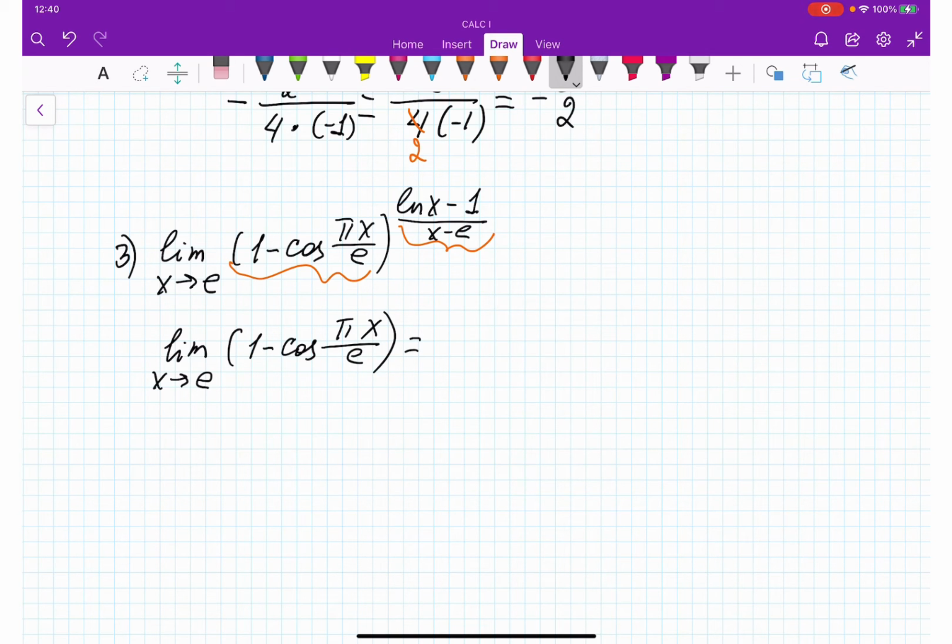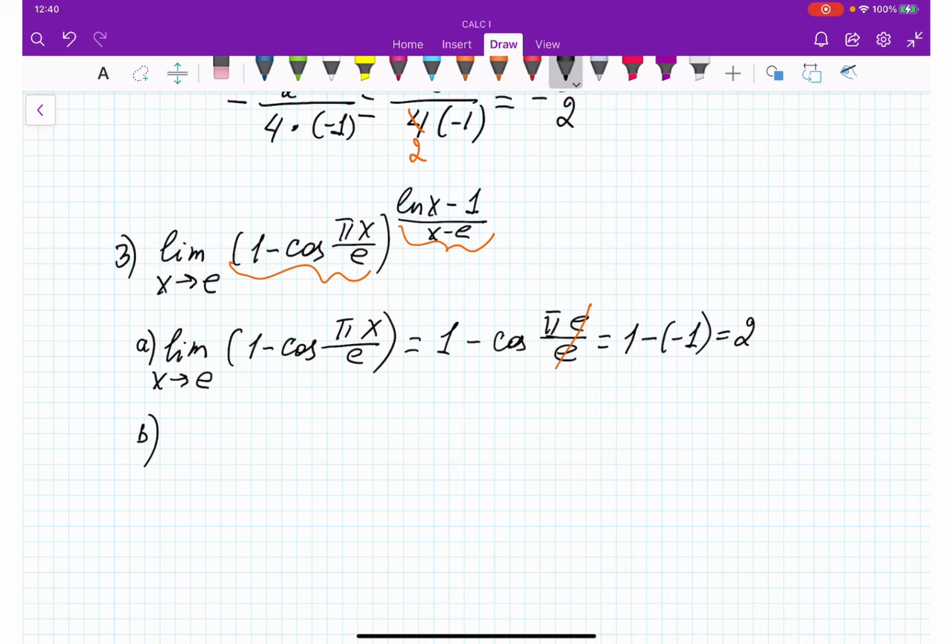So if I plug e now, 1 minus cosine pi e over e, yeah, this e is gone with this e, and we are getting cosine pi is -1, so minus -1, and we get 2. Okay, here we are good. Now let's solve the exponent. Exponent is a different story. That's why I chose that one.